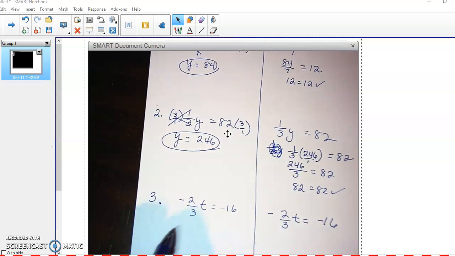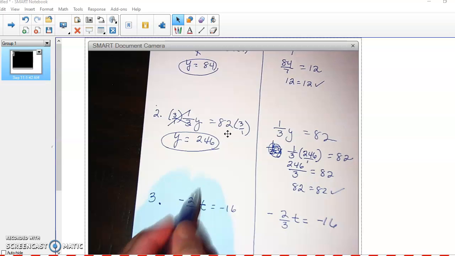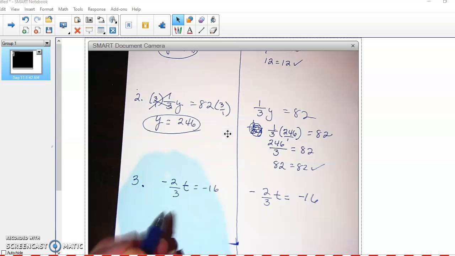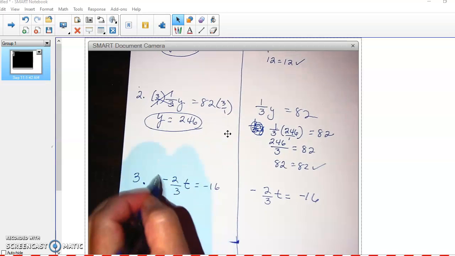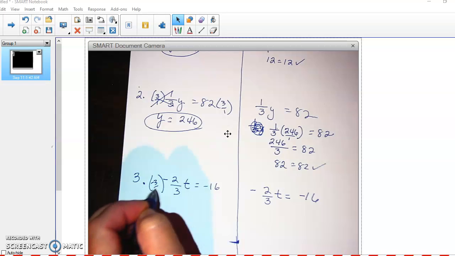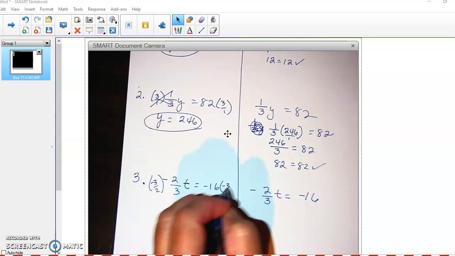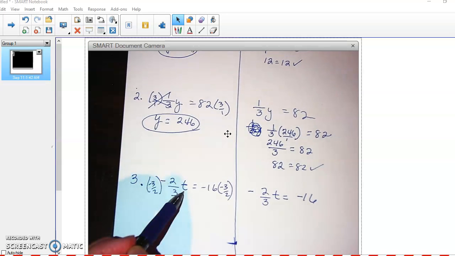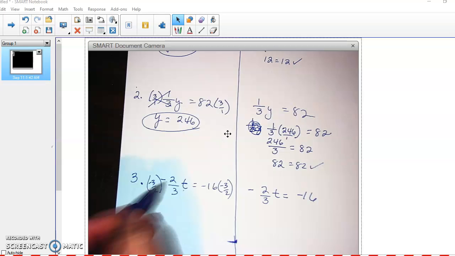Okay, this next one. So we have negative 2/3 times t, and remember, we're going to really divide by negative 2/3, which means to multiply by the reciprocal, negative 3 over 2. And I'm multiplying by the reciprocal and the negative sign because this has to be positive. So negative times the negative is positive.